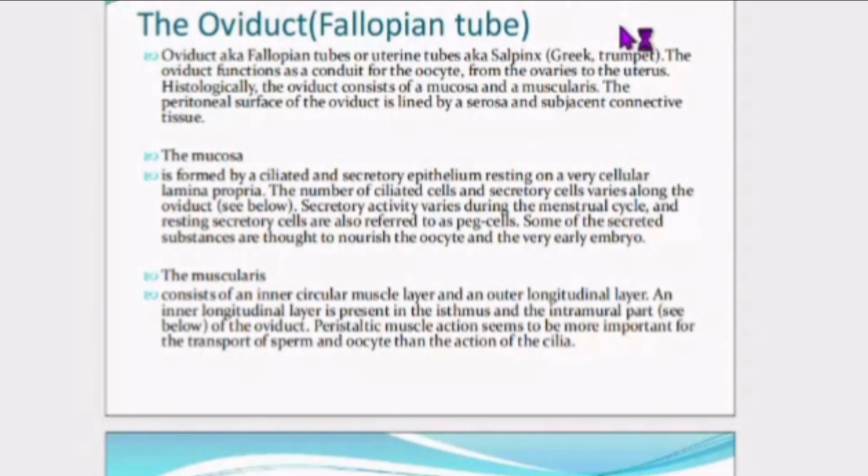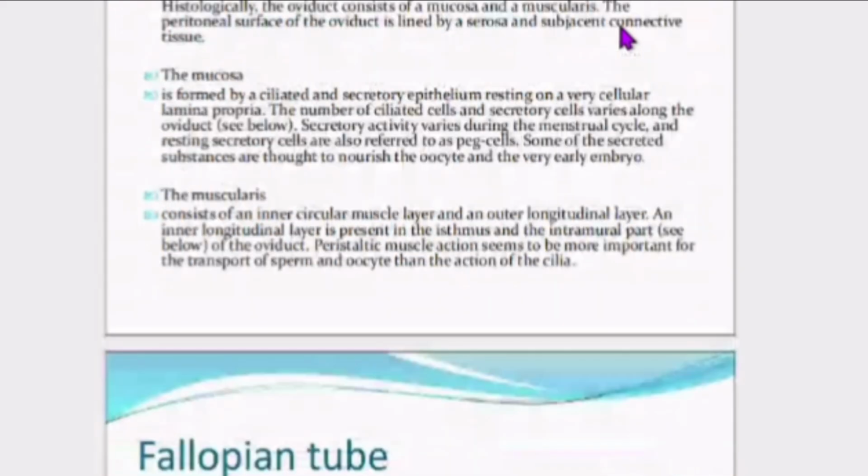If I'm going to describe the structure, the mucosa of the oviduct has two types of cells: ciliated simple columnar cells and secretory cells. Remember that the mucosa is highly folded, with numerous longitudinal folds.